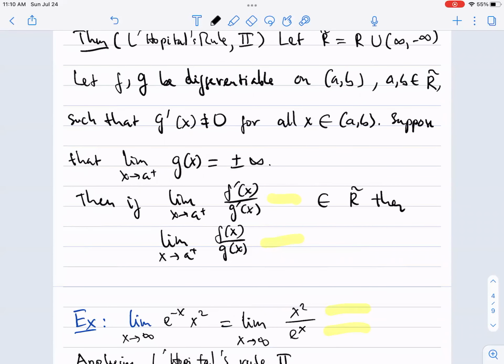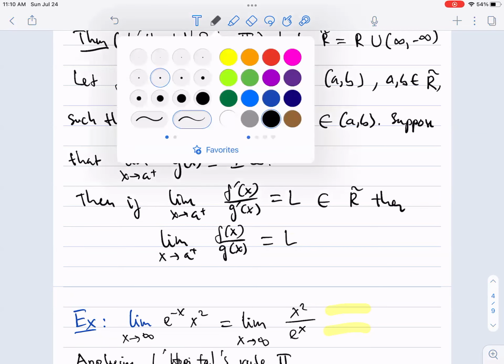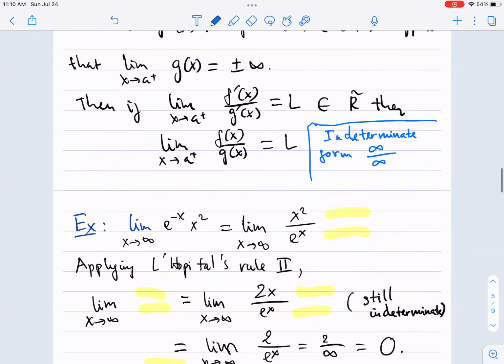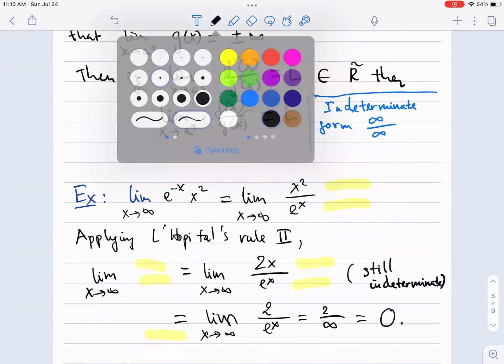Then if the limit of the quotient of the derivatives equals L inside the extended set, then the limit of the original quotient is also equal to L. This is essentially the L'Hopital rule for the indeterminate form infinity divided by infinity.